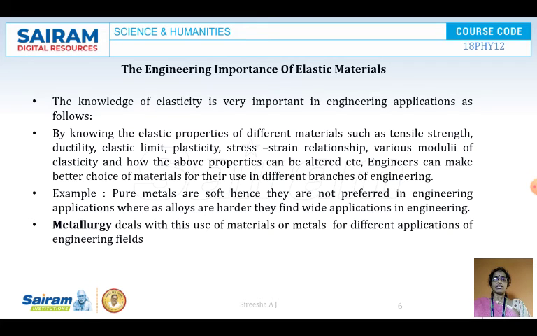Now what is the engineering importance of elastic materials? Why do we need to study these elastic materials? This knowledge is very important for engineering applications because of knowing the elastic properties of different materials such as tensile strength, ductility, elasticity, plasticity, stress and strain relationship, various moduli of elasticity, and how the above properties can be altered.